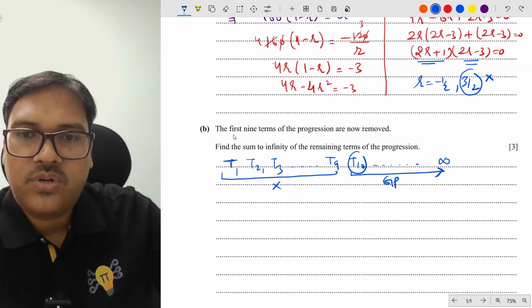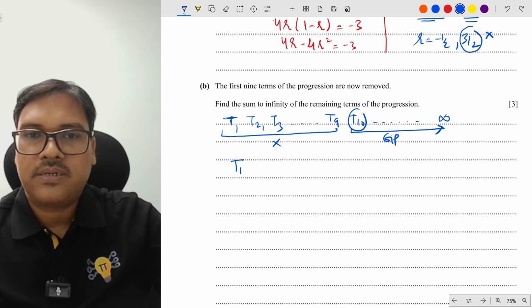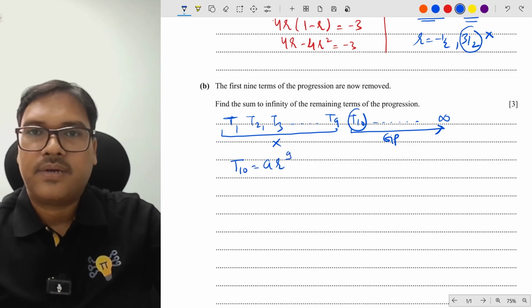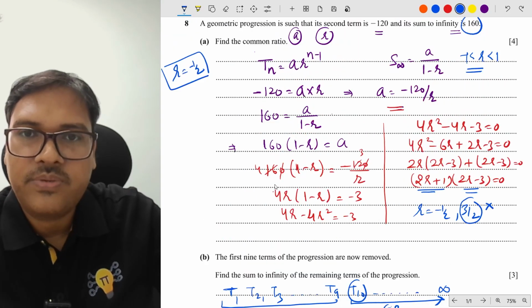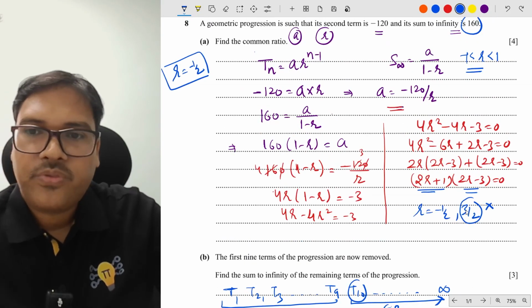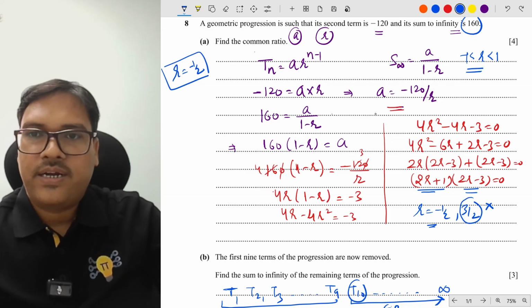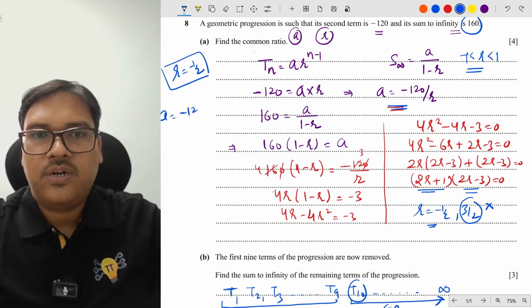So what is T10, the 10th term of this GP? The 10th term of this GP is a into r raised to 9. Correct? So what is a, the first term? We have not calculated the first term in the first part, so let's calculate this a also. We have taken r as minus half. So a is equal to negative 120 divided by negative 1 by 2.